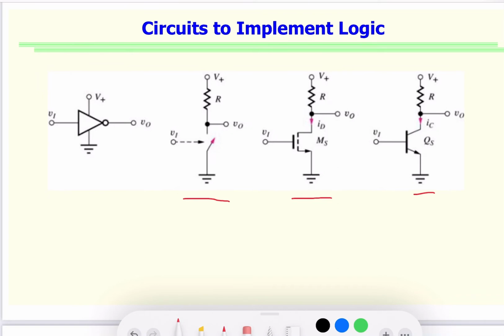This would be the case when an inverter operating with power supply V plus and 0 on the ground can be implemented using these situations. So this is just the op amp that we have seen before, which also operates in a way where our output is controlled by the input.